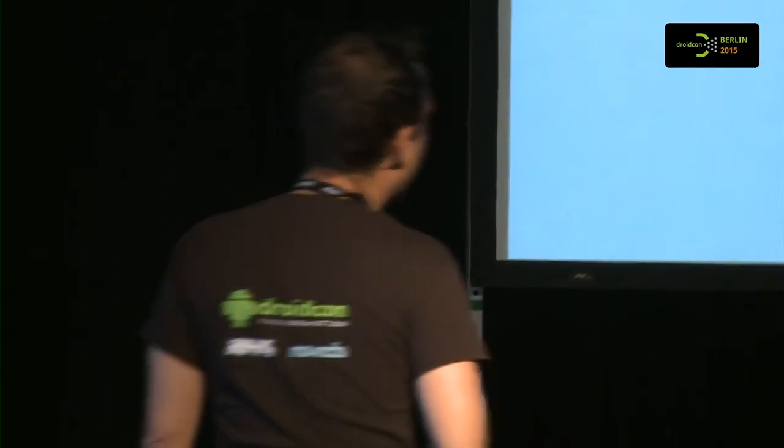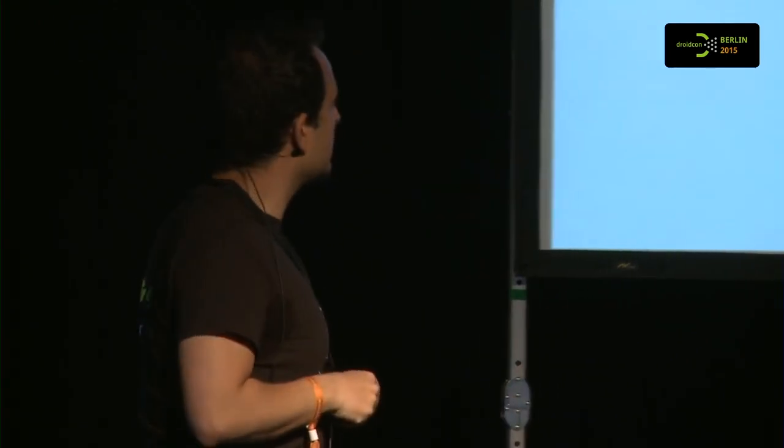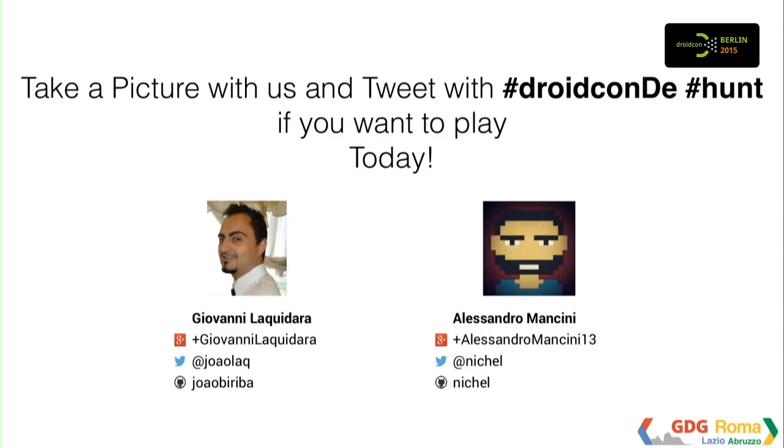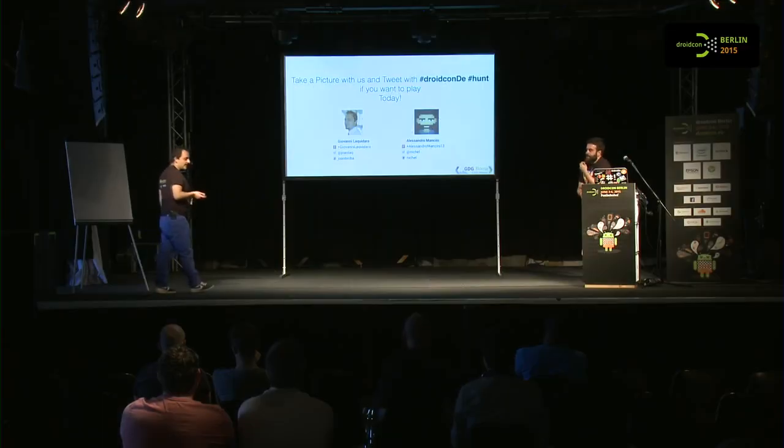If you want to play today, this afternoon, you just have to take a picture and tweet the picture with Droidcon DA and Hunt. And I think the Droidcon DA organization also has some prizes to give to the players who complete the hunt first. Just download the app, download all the clues, and look for the photographic clues in this place.